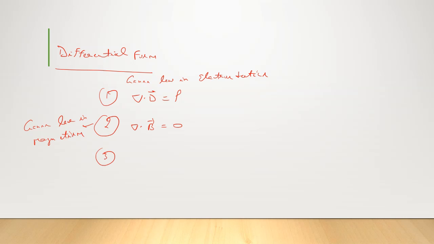The third Maxwell equation, del cross E equals minus curly B by curly T, or del B by del T. This is also known as Faraday's law of electromagnetic induction.